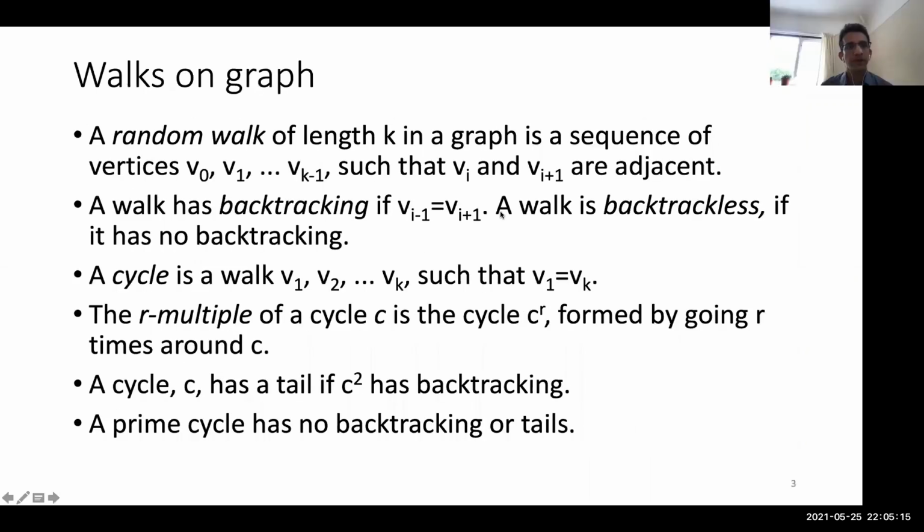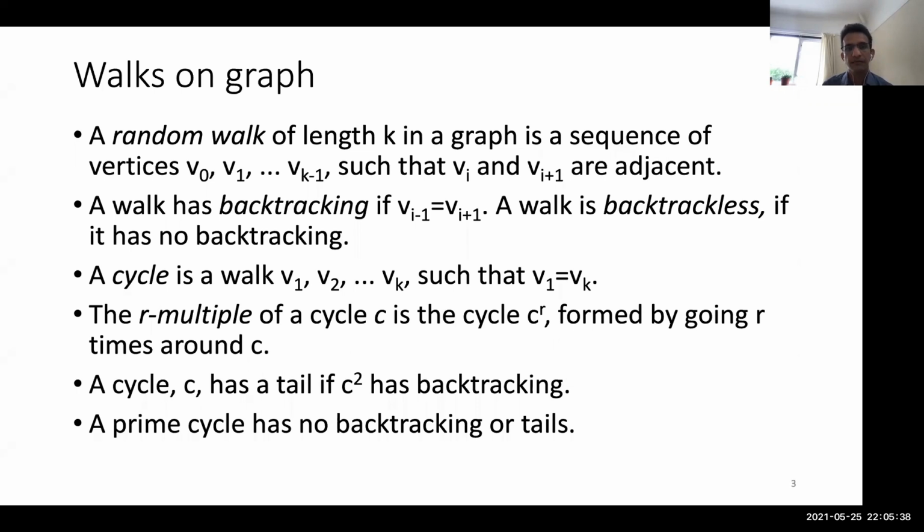Before going to the main results, some definitions. A random walk of length k is a sequence of vertices such that the consecutive vertices in the sequence are connected. A backtrackless walk is a random walk which does not allow backward steps, also called tottering.